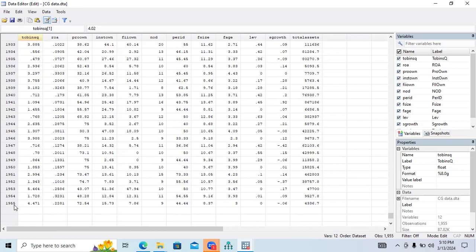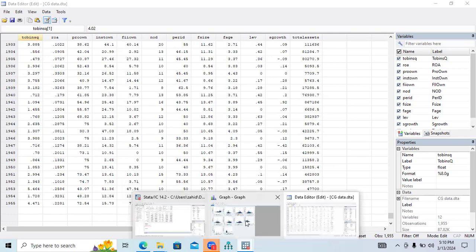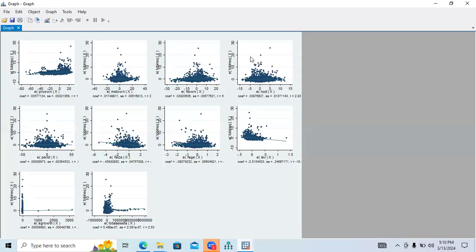If we take 10% of these observations, it becomes 195. And if we take 5%, it becomes almost 95. So in our case, there are less than 5% because only two values indicate outliers.